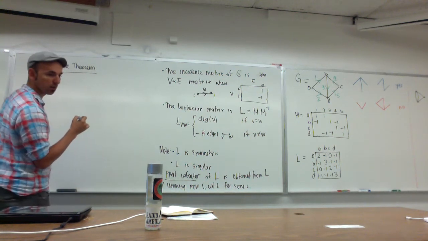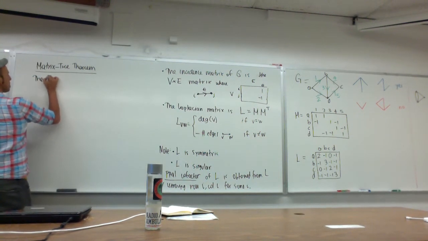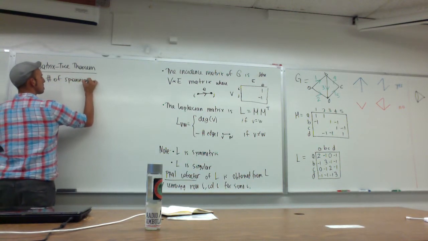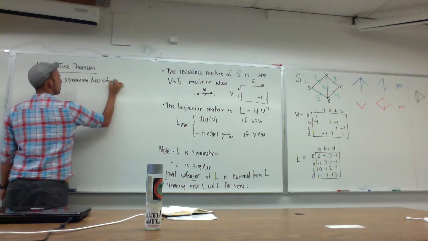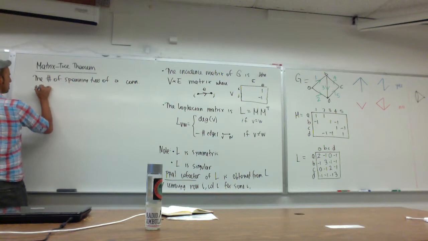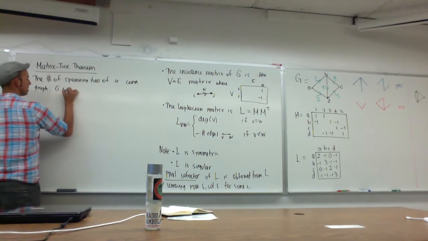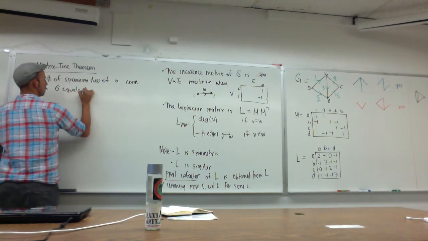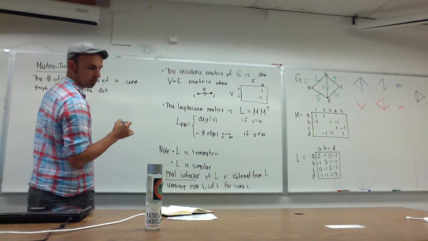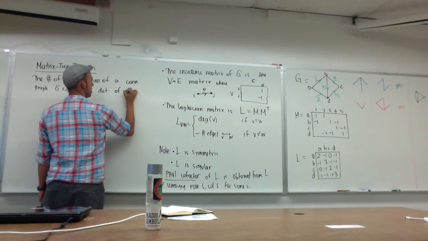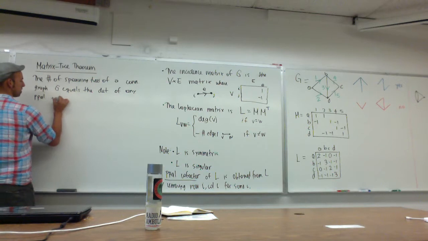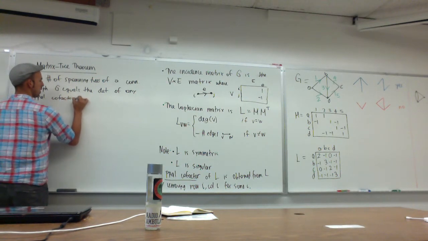And it says that the number of spanning trees of a connected graph G equals the determinant of any principal cofactor of the Laplacian.